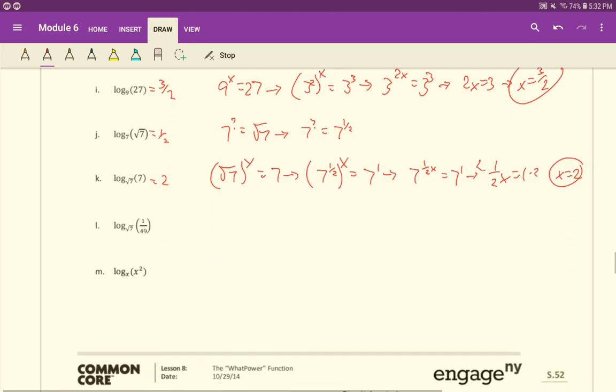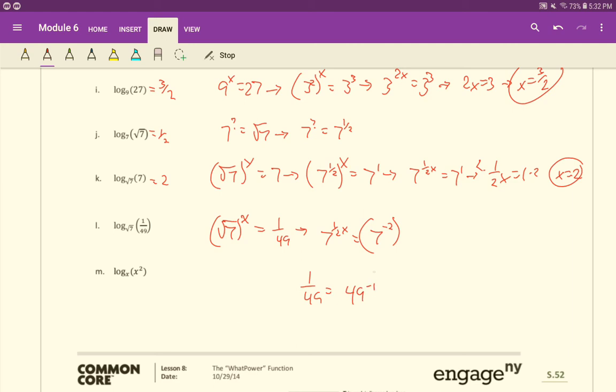Okay. L, root 7 to what power gives you 1 over 49? Again, let's rewrite these here. That root 7x is just like this one up here, so we know that it will rewrite to be 7 to the 1/2 x. The 1/49th, well, that's 7 to the negative 2. Remember 1 over 49 is the same thing as 49 to the negative 1, and 49 is 7 squared, so it'll be 7 squared to the negative 1, so it's 7 to the negative 2.